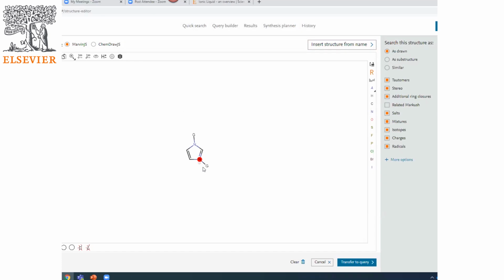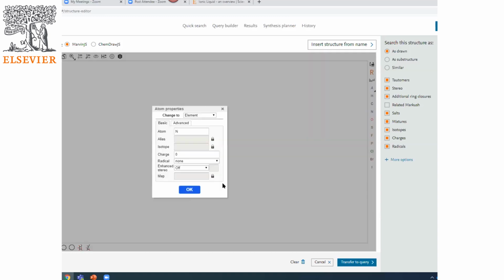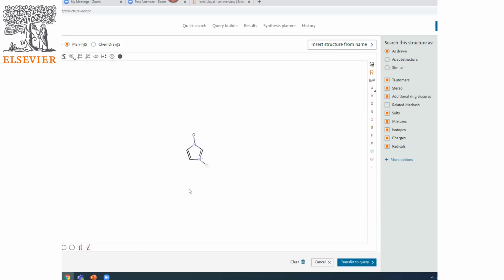The system said to us that it's incorrect because the nitrogen cannot have 4 bonds, and I fully agree with it. That's why we need to set that this bond is charged. Okay, now it is better.